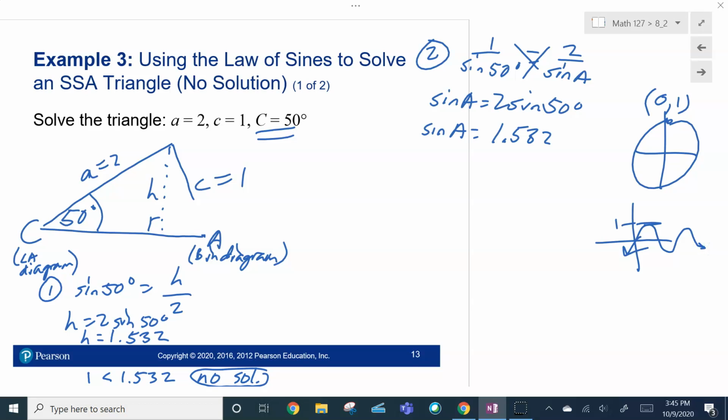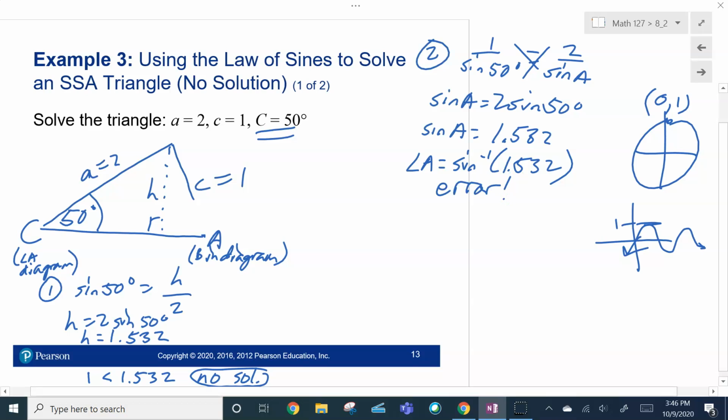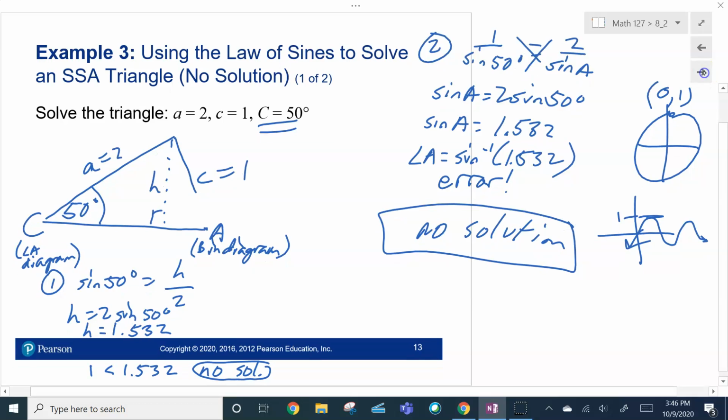Even if you ran the arc sine on both sides, you're going to get an error on your calculator. So there's no angle in which the sine can be greater than 1. So again, no solution. There's no triangle that'll meet these conditions.